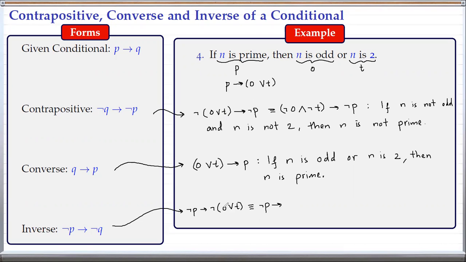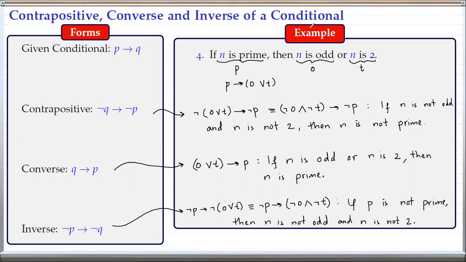So this will be not P implies, this part will become not O and not T. This we can write as if not P, so if N is not prime, then not O and not T. So then N is not odd and N is not 2. So this is the inverse of the given conditional.